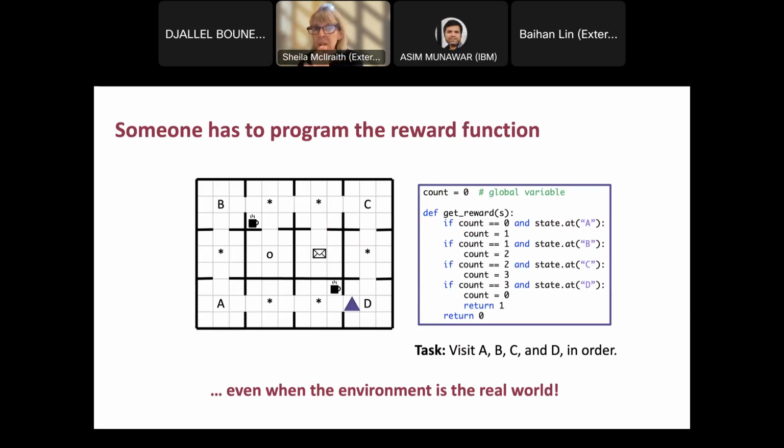But an AI agent that we build is not built that way. It's not a biological system. Any reward that it gets has to be programmed implicitly or explicitly by somebody, even when it's interacting with the real environment. There has to be some notion of the reward function defined by a human being.